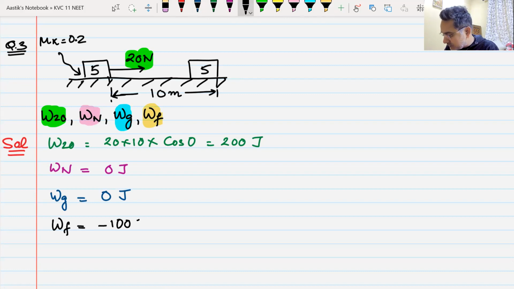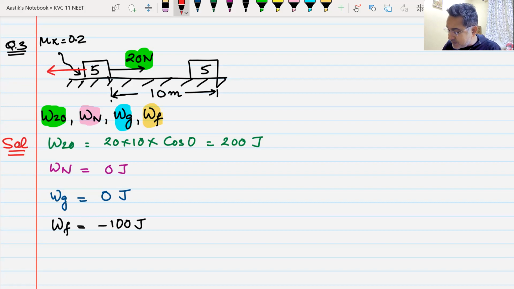How did you get minus 100 joules? First of all, you have to find the value of frictional force. How will I find it? Mu k into N. Well done. What is the value of N? 50. The value of N is 50 and the value of mu k is 0.2.